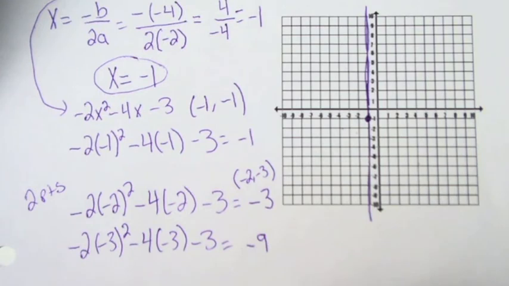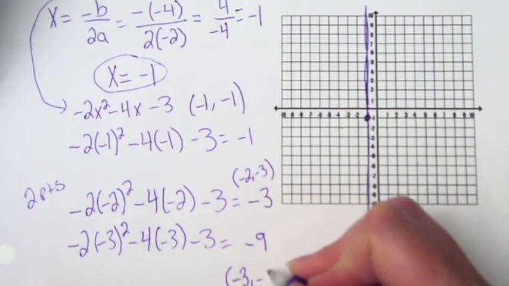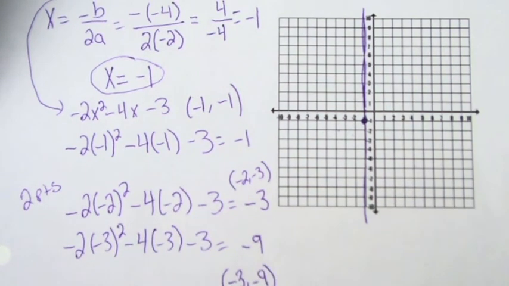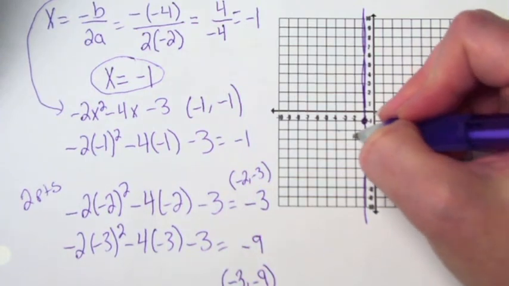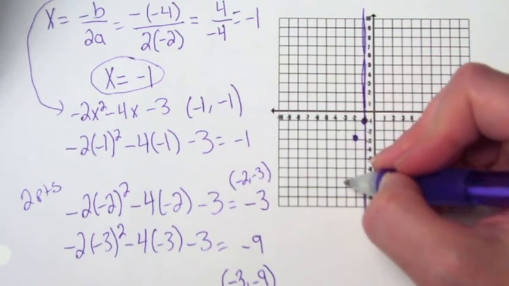Put it right into your calculator, exactly as you see it, with parentheses where needed. Yes, it is negative 9. So now it's negative 3, negative 9.